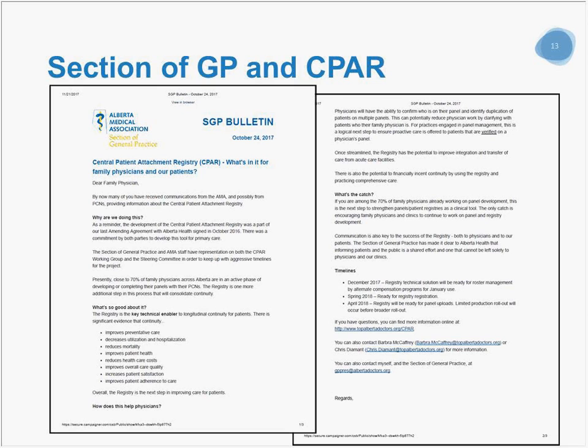We also talked about some of the timelines in this bulletin, and we're now looking into the spring, where we're anticipating some limited production rollouts over the next little while.